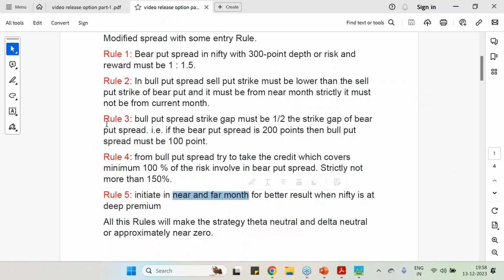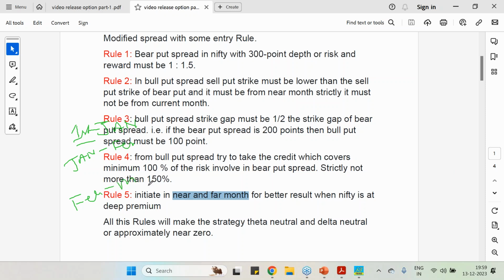That will make you money. If you are going to implement this strategy on 1st January, then on the call side no issue. January and February you can take for the calls. 1st January 2024. However, when it comes to the put, I am telling you, go for February and March.